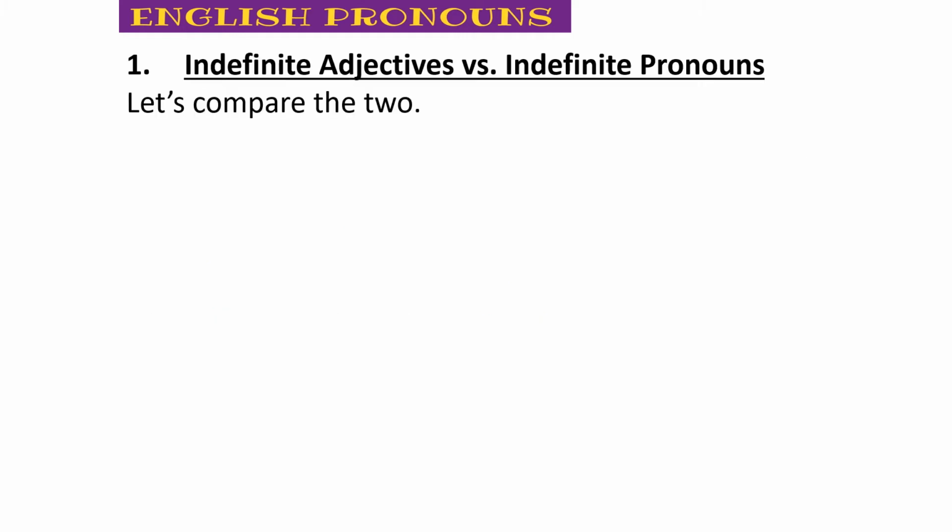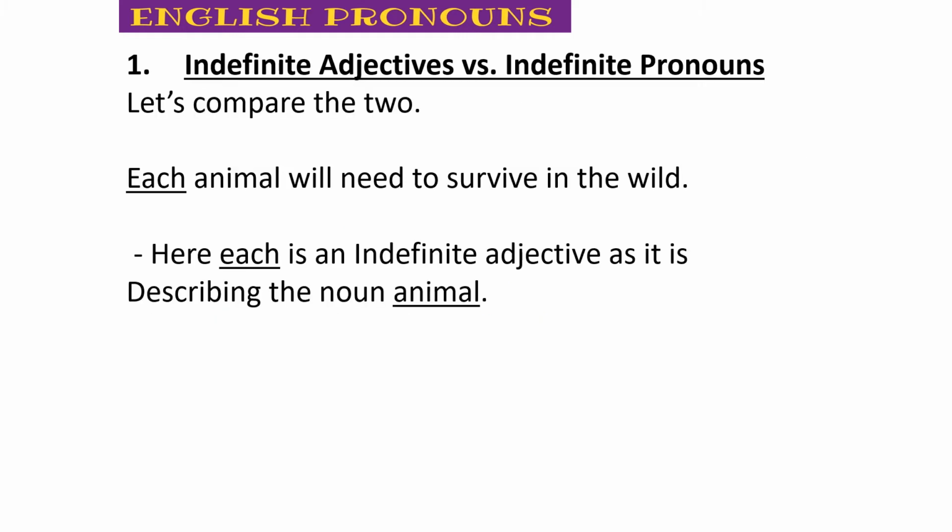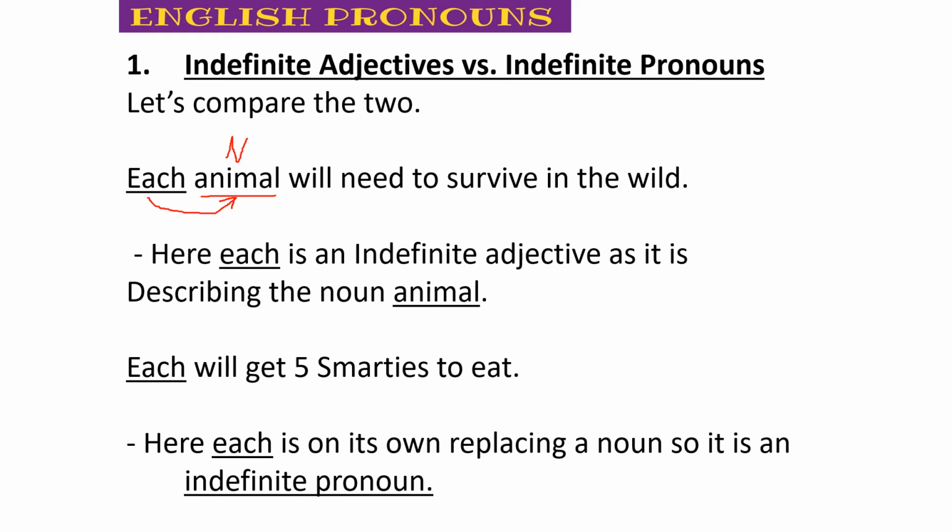Right, so let's just compare the two. If I say each animal will need to survive in the wild, each describes the animal, and it then is an indefinite adjective. But if I say each will get 5 Smarties, there's no noun, so it's an indefinite pronoun.